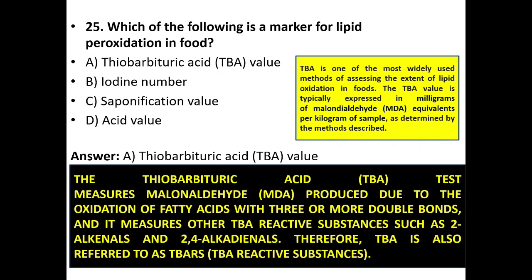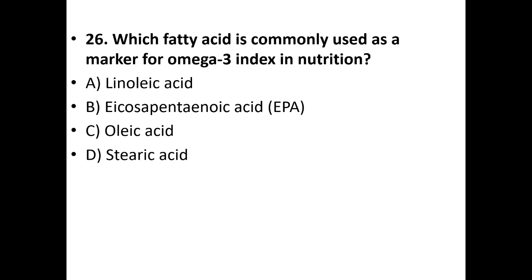The TBA test measures MDA produced due to the oxidation of fatty acids with 3 or more double bonds, and it measures other TBA reactive substances such as 2-alkenols and 2,4-alkadienals. Therefore, TBA is also referred to as TBARS, TBA reactive substances.